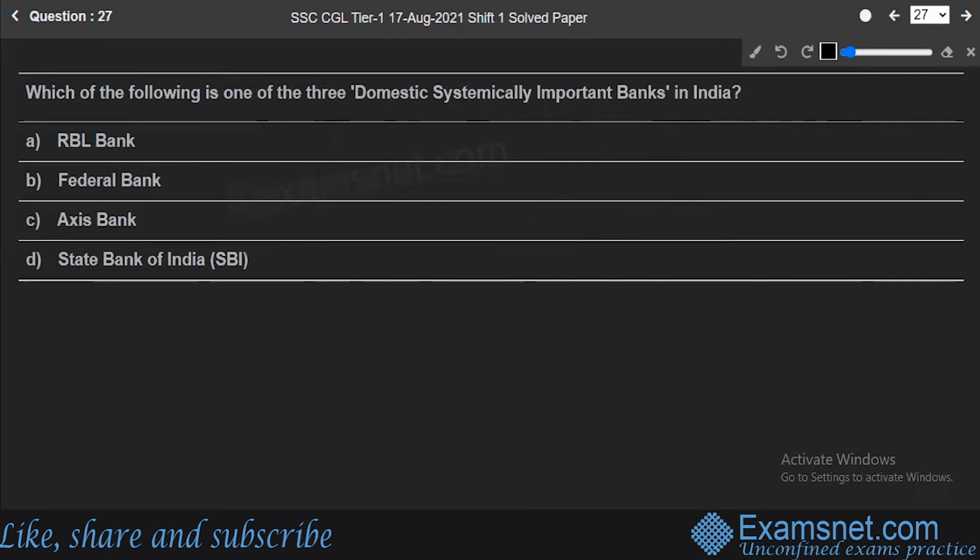Which of the following is one of the three domestic systematically important banks in India? Is it RBL? Is it Federal Bank, Axis Bank, or State Bank of India? See, first of all, you must know what do you mean by the domestic systematically important banks in India. In simple words, it's written as DSIBs.